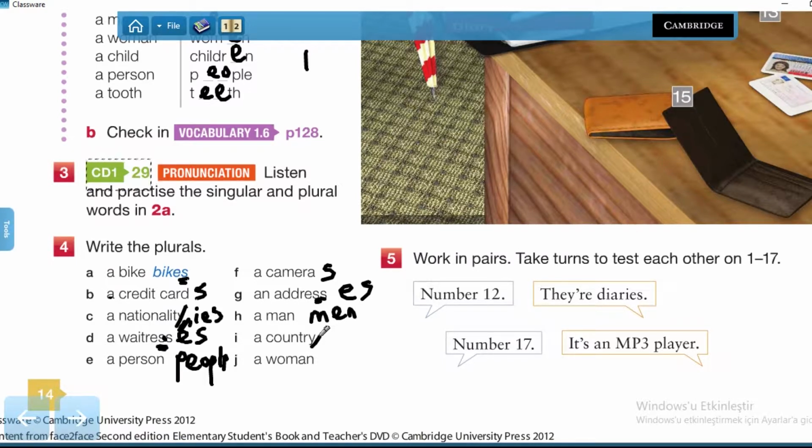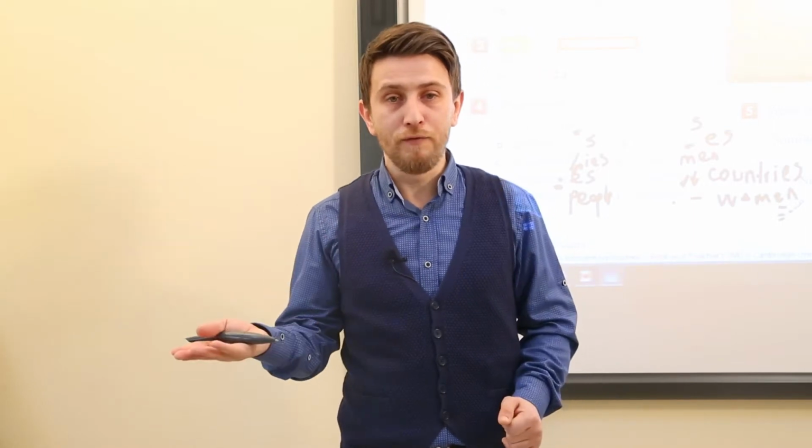Ending with Y again, so the Y drops, and we say countries. Let's write it here. And the last one is a woman. The plural form, women. So A turns into E.